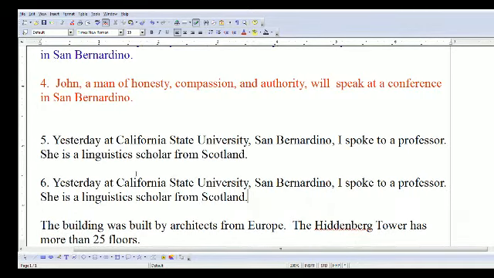So you say, yesterday at California State University, San Bernardino, I spoke to a professor, and then you could say here, who is a linguistics scholar from Scotland. Notice, in this case, I'm not using a comma after professor because the adjective clause is necessary to identify the professor.